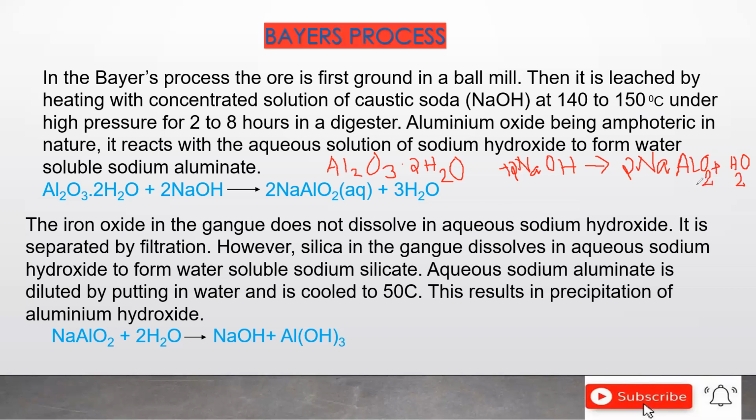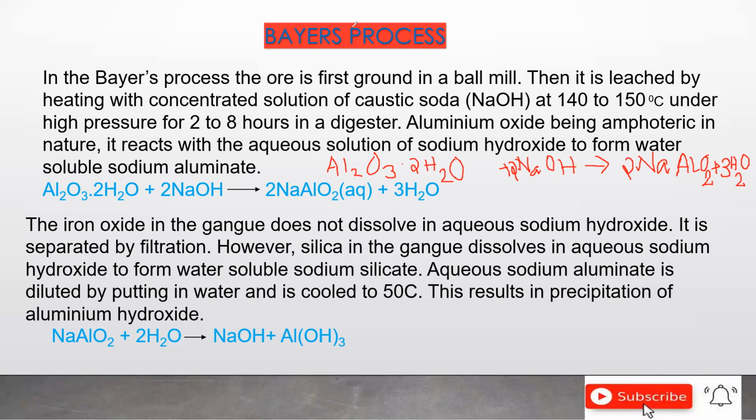Here we have 2 into 2, 4 plus 1, 5. We want 7, so I am going to put here 3. So 4 plus 3, 7. Oxygen became 7. Now let us check hydrogen. Hydrogen here 2 into 2, 4, 4 plus 2, 6. Here also 6. It is balanced. So no need to learn the equation by heart. You should know which is the product formed. Then you can write the reaction and then balance it.